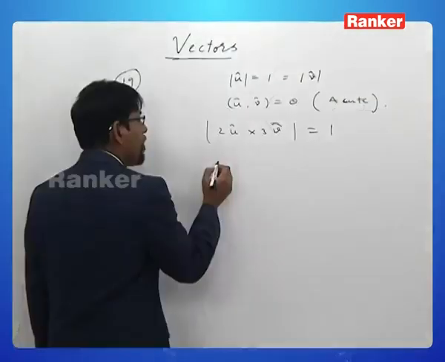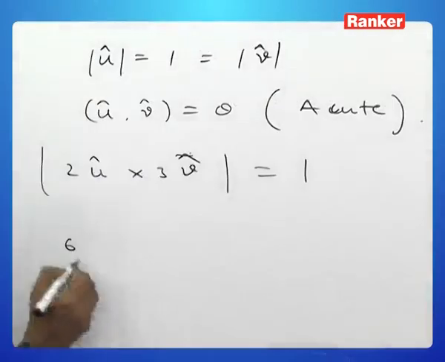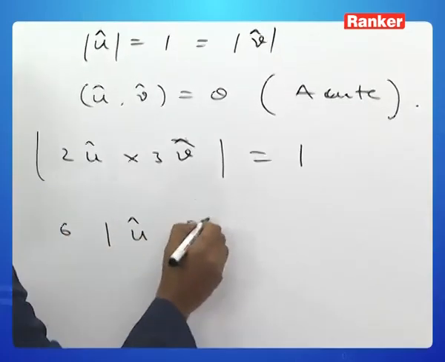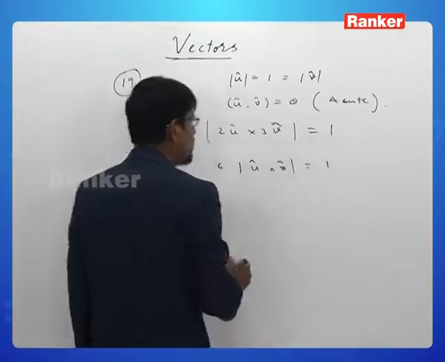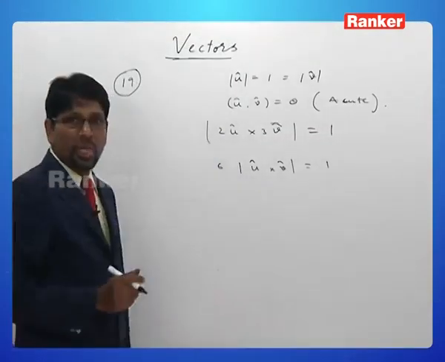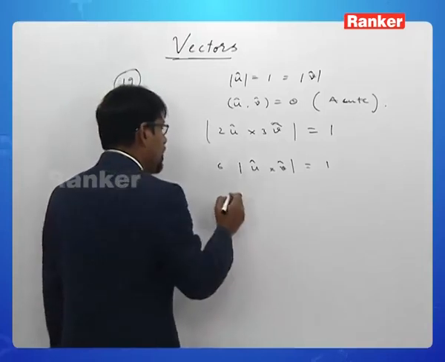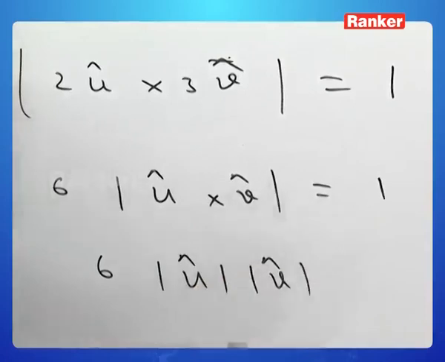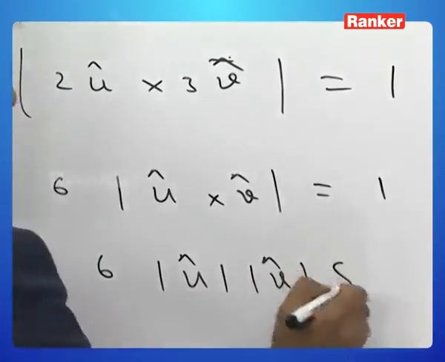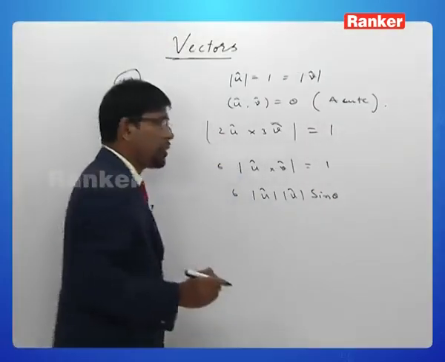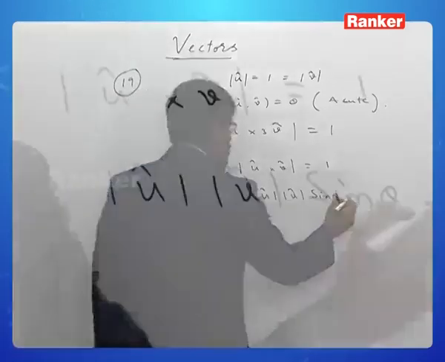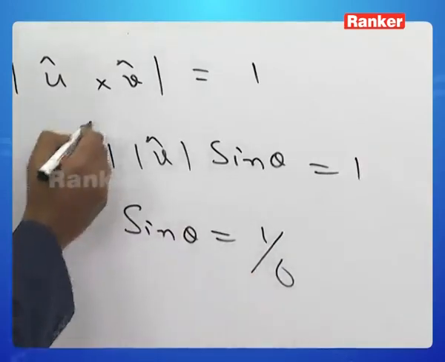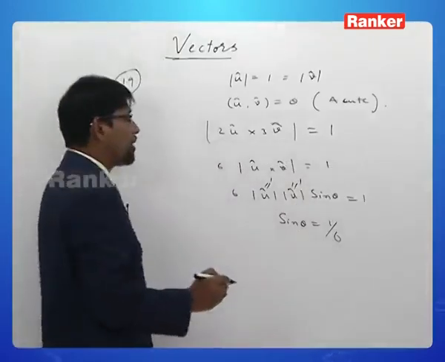The magnitude of this is equal to 6 times the magnitude of u cap cross v cap, and that's equal to 1. The magnitude of u cap cross v cap is the magnitude of u cap into the magnitude of v cap, which is 1 each, into sine of the angle between them, sine theta. So 6 sine theta equals 1, and sine theta has to be 1 by 6.